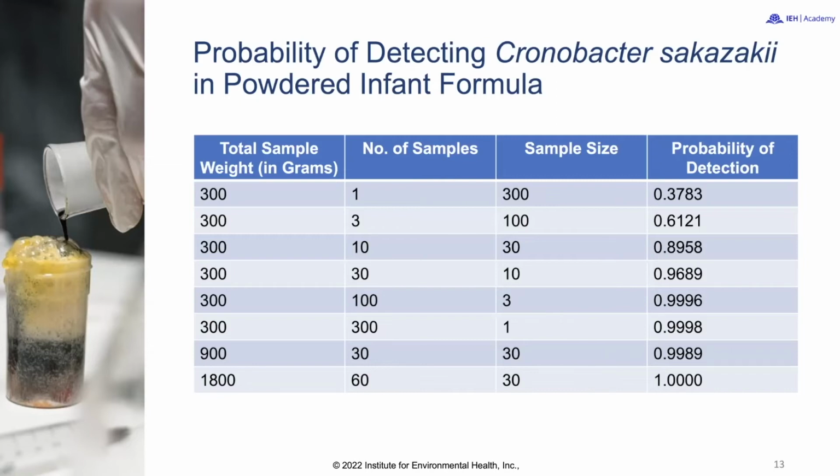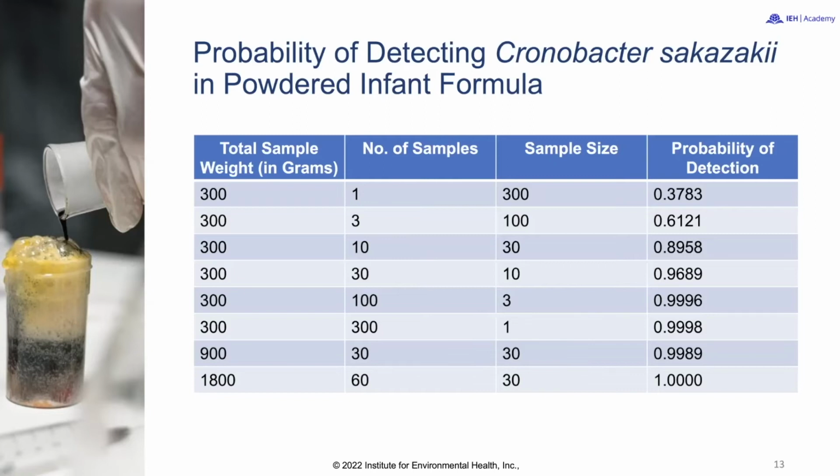Well, if you use a sampling plan where you collect 10 samples of 30 grams each, now you're up to a little better than 89% chance of detecting a positive. But still, what about taking 30 samples of 10 grams each, still 300 grams? Now you're up to 96.8%.